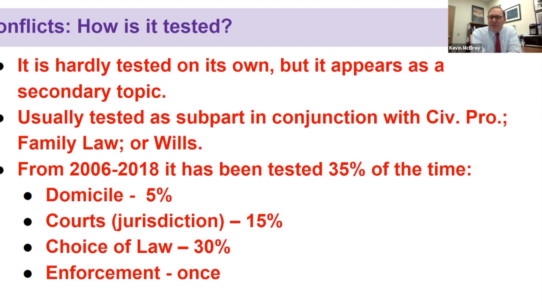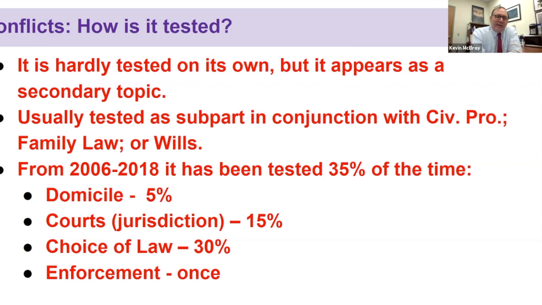And afterwards, you'll have a fact pattern with 3 or 4 prompts. There may be 1 or 2 questions on conflicts of law. It also pops up under family law questions and occasionally under questions with trusts, estates, and wills.